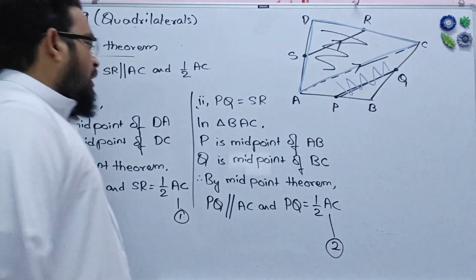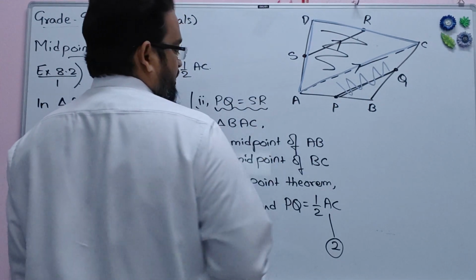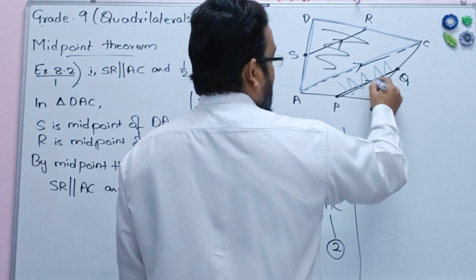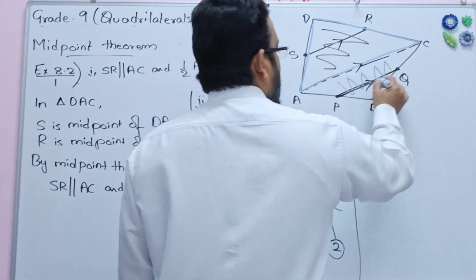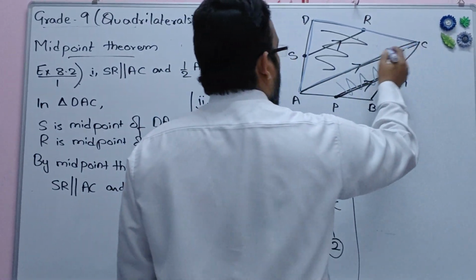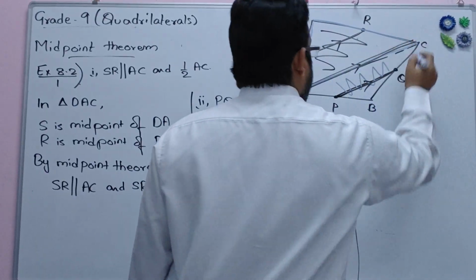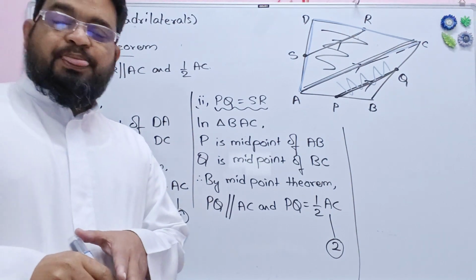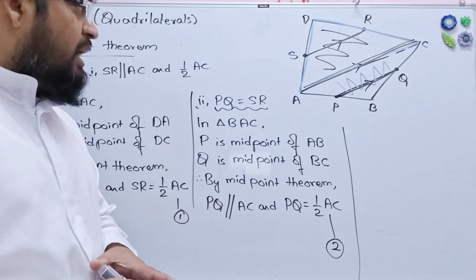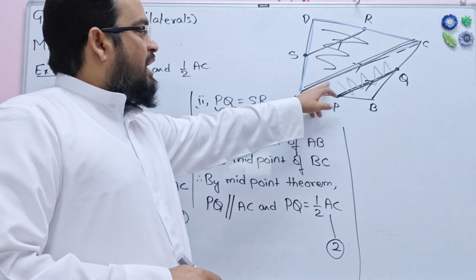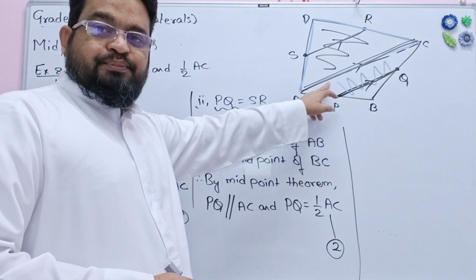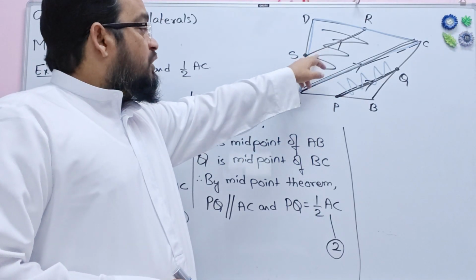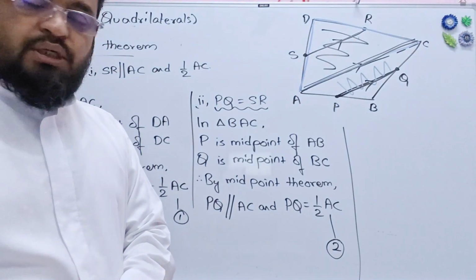Okay, so now what did he ask us to prove? He asked that PQ is equal to SR. So now see, these two are parallel. PQ is parallel to AC and also SR is parallel to AC. So did we learn about these parallel lines? In lines and angles we have seen that if two lines are parallel to a third line, then the two lines are parallel to each other.